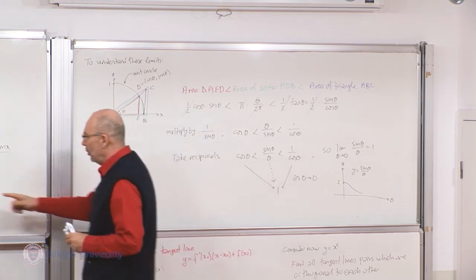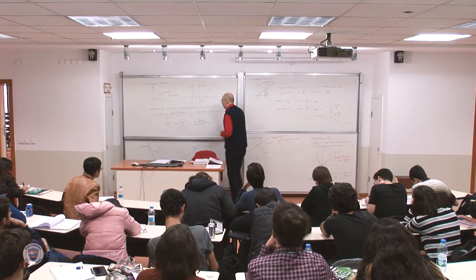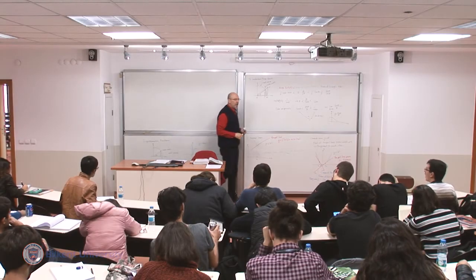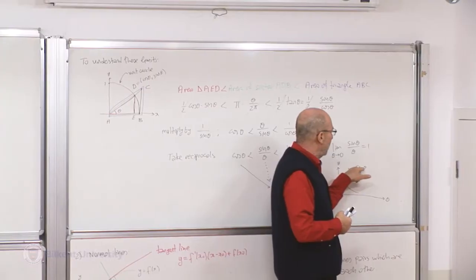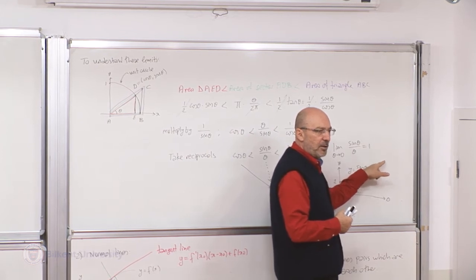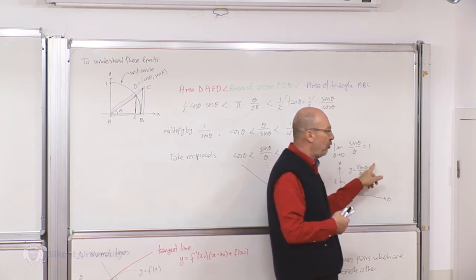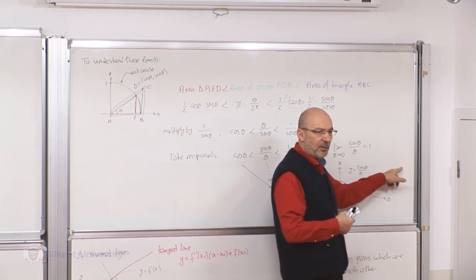So we calculated this limit to be 1. Next semester, if we are all here, we'll look at the Taylor series expansion of sine theta. The Taylor series of sine theta begins with theta minus 1 over 6 theta cubed plus etc. When you divide by theta, you have 1 minus, and everything else is multiplied by theta.